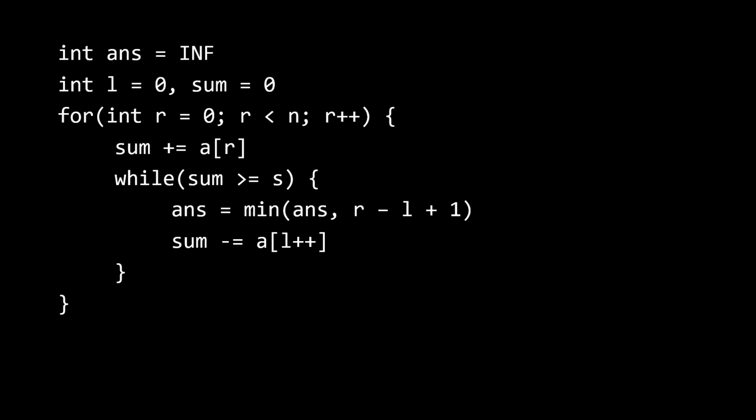Then we're going to take that element away from the back. We're going to say sum minus equals a[l++]. So not only are we taking away that element, we're also incrementing our left pointer by 1, so that now we're fitting everything into our window. We're maintaining that L and R pointer to be our window.